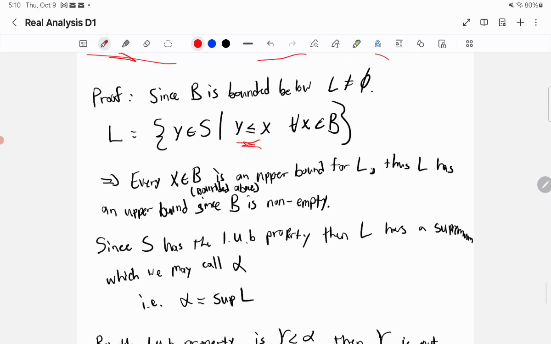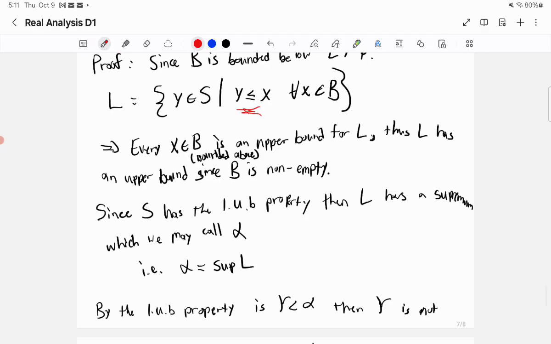So L must be bounded above, right? It has to be bounded above because we know that every value in the set B has to be bigger than every value in the set L. Great. So L has to be bounded above. L is the set of all the lower bounds of B, and since they're all lower bounds of B, they have to be smaller than every value in B by definition.